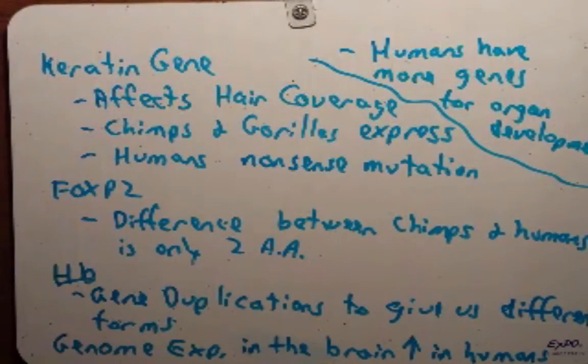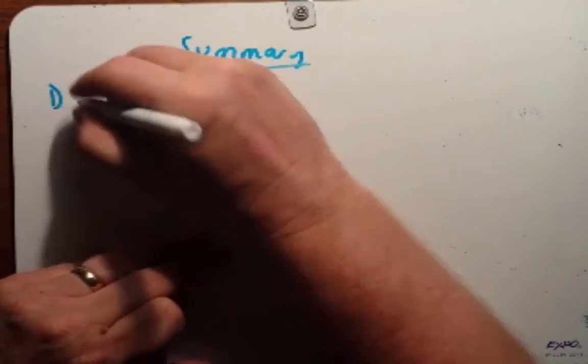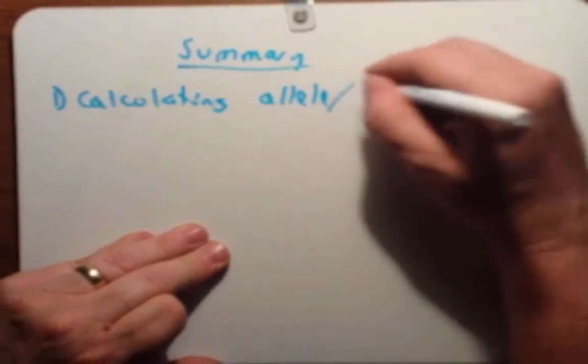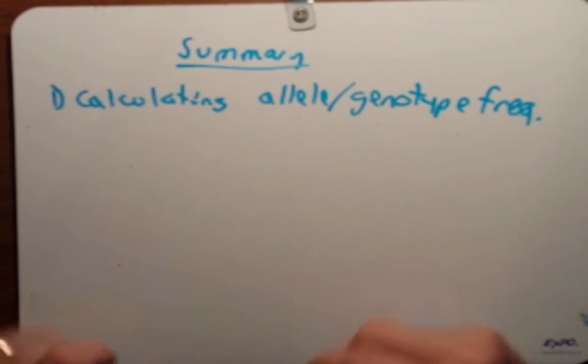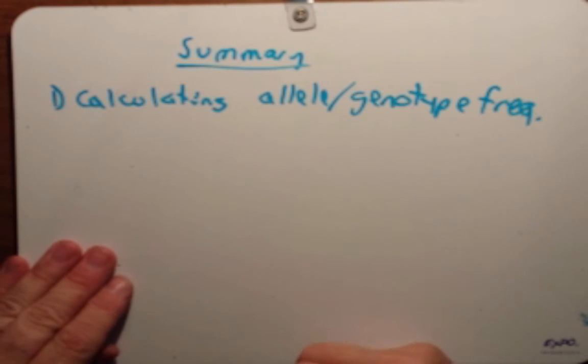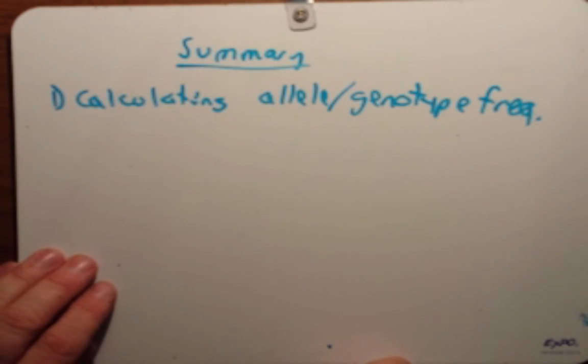But this is all I have for this podcast. In this podcast, we've talked about many different things. In a brief summary, we talked about calculating allele and genotype frequencies. We talked about the differences between polymorphic versus monomorphic. We talked about different ways that genes can be mutated that can change our allele frequencies.